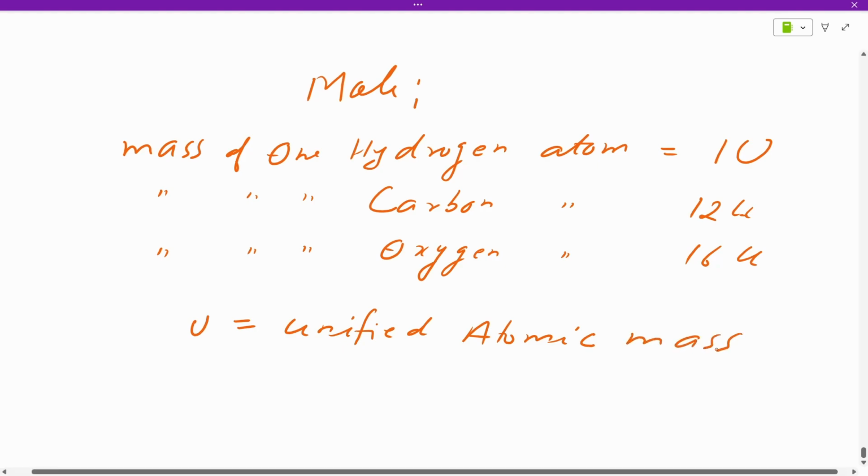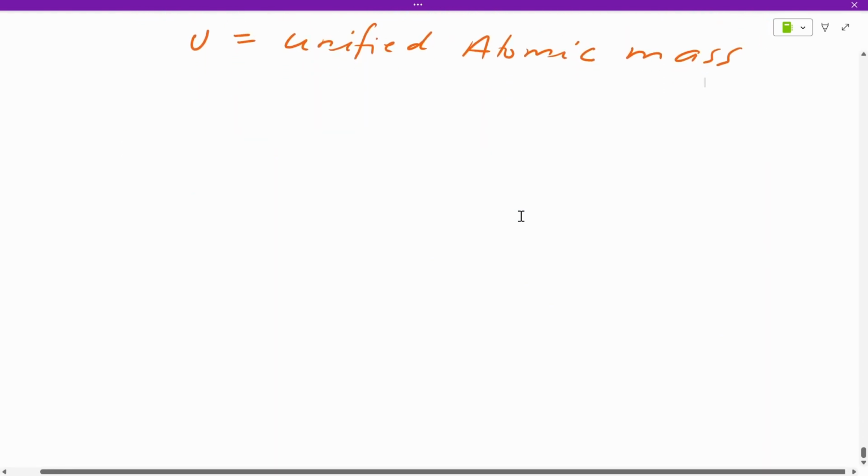This is just a representation. You can say it's just the unit of atomic mass, because atoms are very small. What is the value of 1 U? We will study it in higher classes, but at this stage you should know that 1 U is equal to 1.67 into 10 raised to power minus 27 kg.